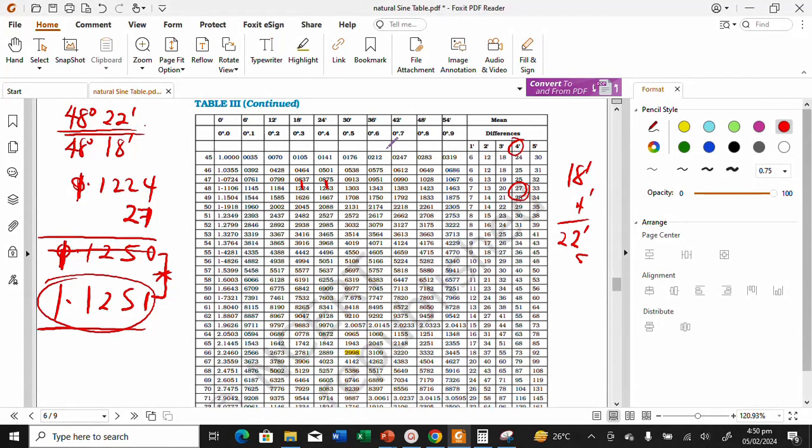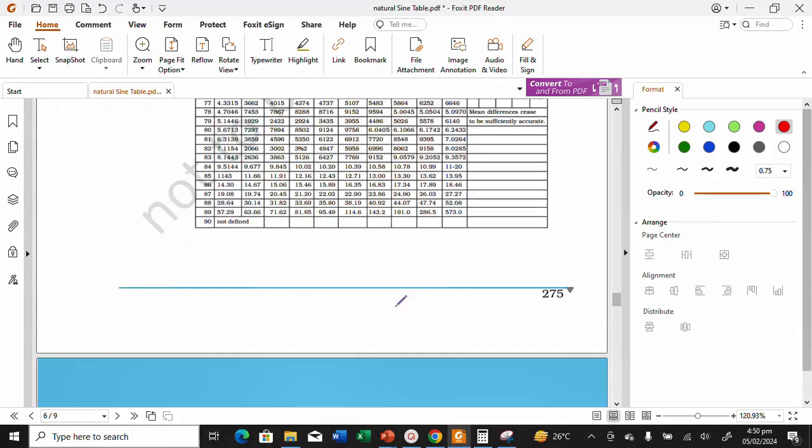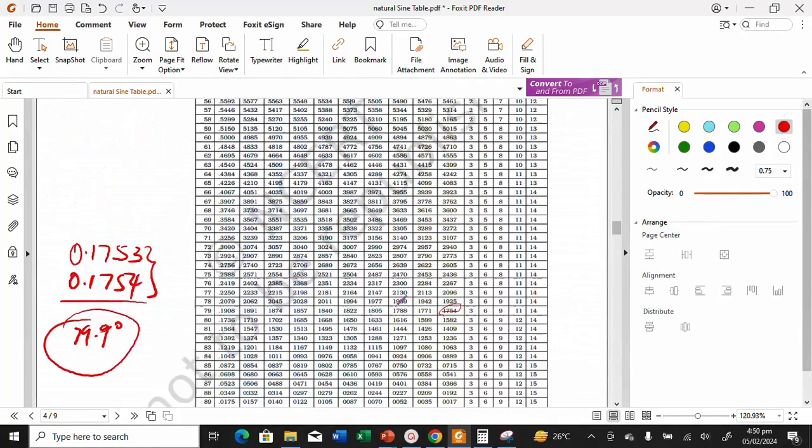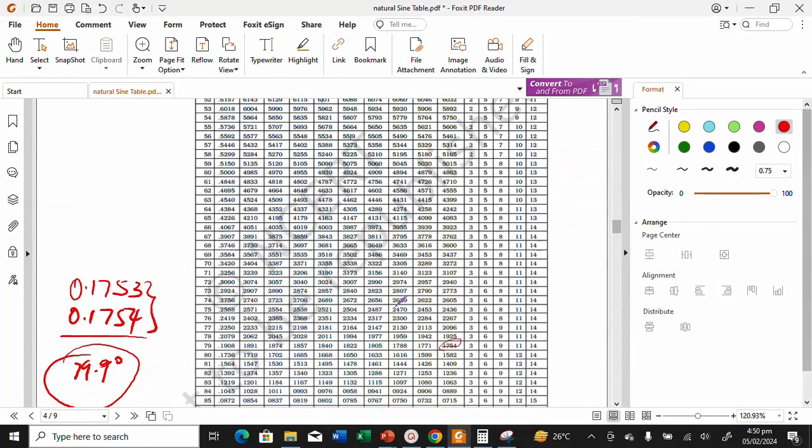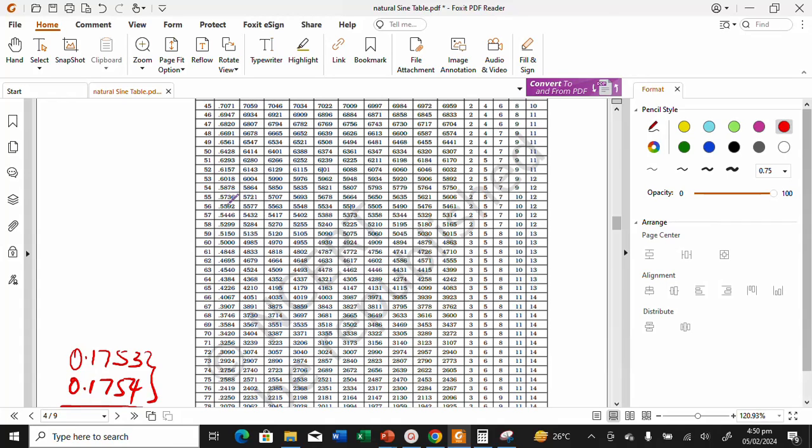Now in the table for cos, that is cos 0.5123, let's look for 5123. Okay, 5123 is around here, between this and this. You have this is 5120, then this one is 5105.